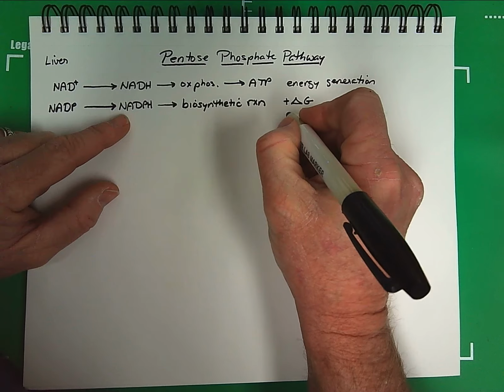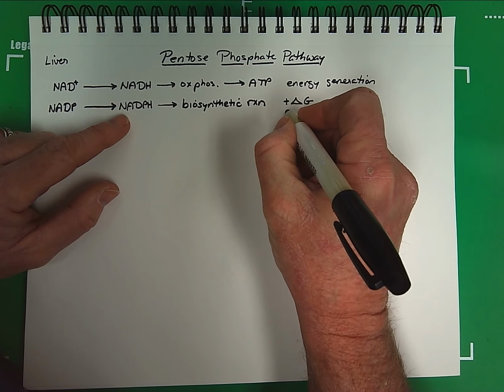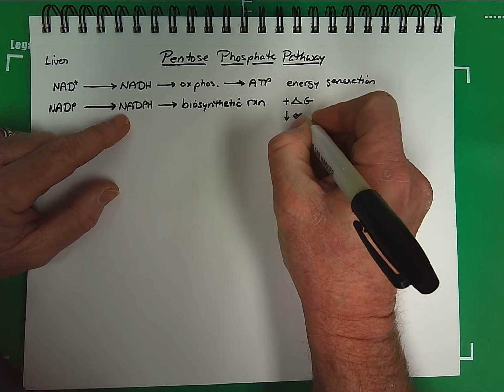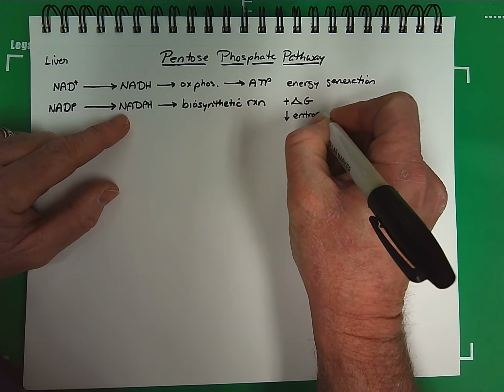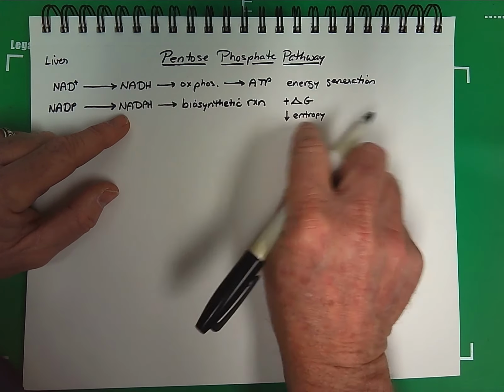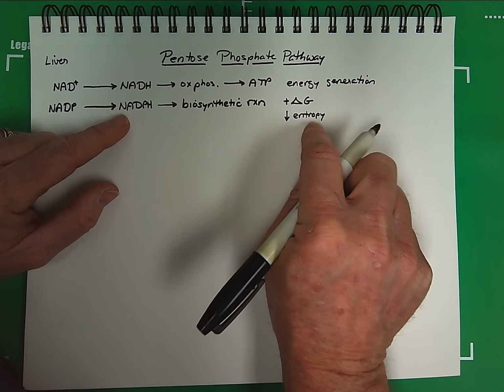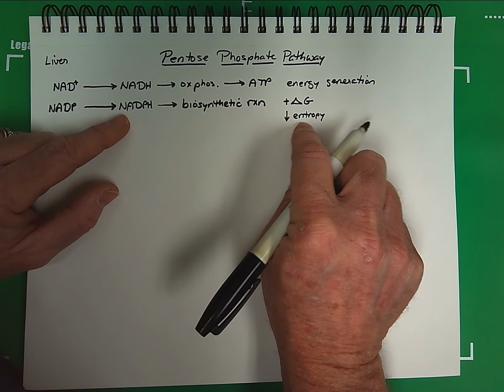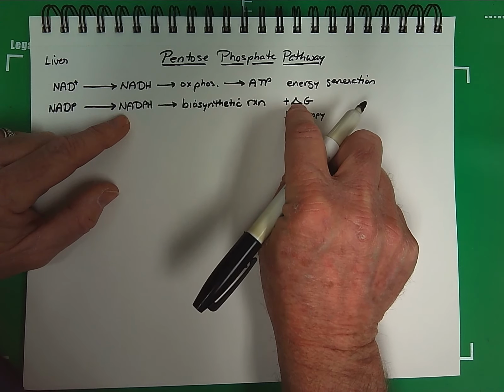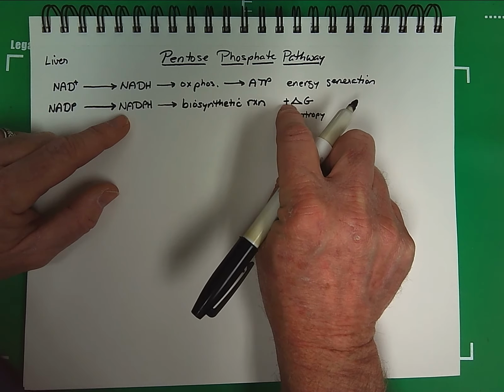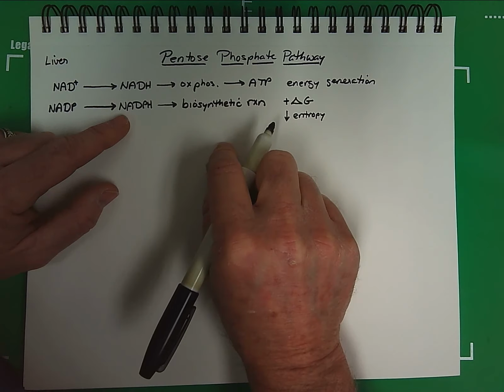We are also, in this reaction, decreasing entropy, because we are creating a higher ordered molecule. All of this combined, creating the bonds and the decrease in entropy, is going to require an input of energy, so therefore it is a positive delta G.